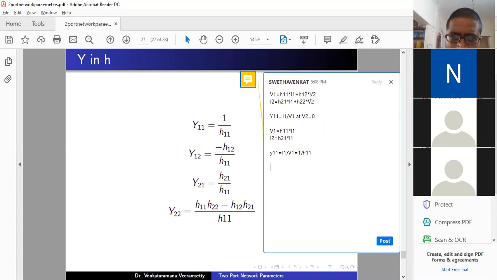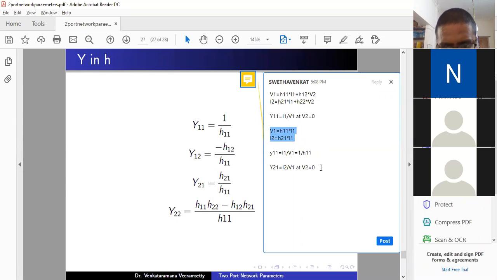Similarly, at V2 equal to 0, another parameter we can find is Y21, right? What is the definition of Y21? Y21 equals I2 divided by V1 at V2 equal to 0. So when we replace V2 equal to 0 here and here, we get these two equations. Now by using these equations, we need to find the I2 by V1 ratio.